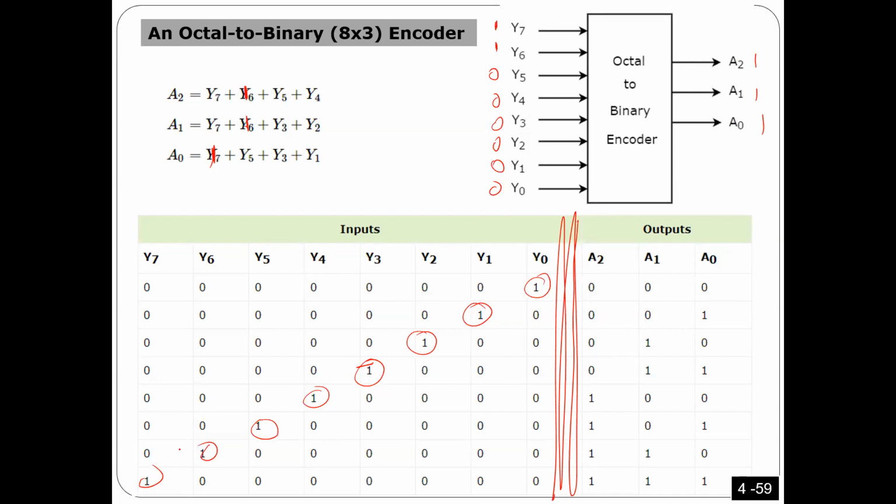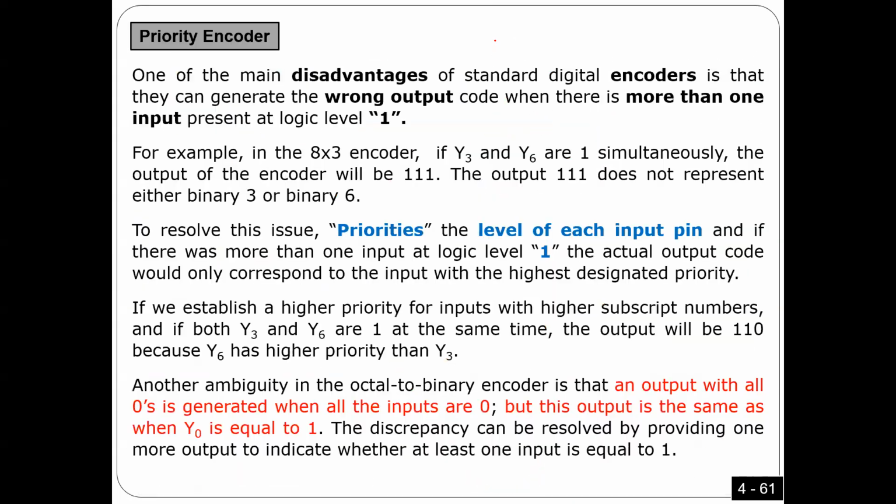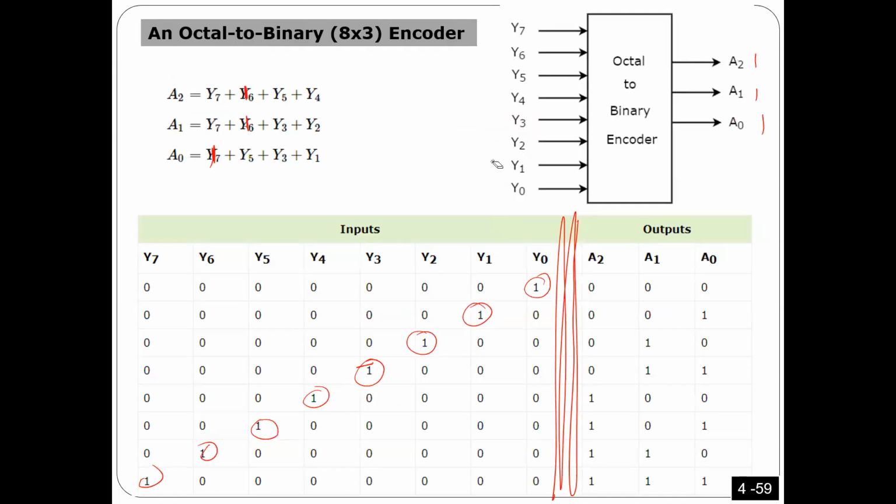This may not be a big problem, but take another case: if I select 3 and 6 and put zeros everywhere, look at the equations. We have 6 here, 6 here, and then 3 here. So I get number 7. Even if I select 6 and 3, I get a random output. It's not 6, it's not 3, I got 7. So this is a problem.